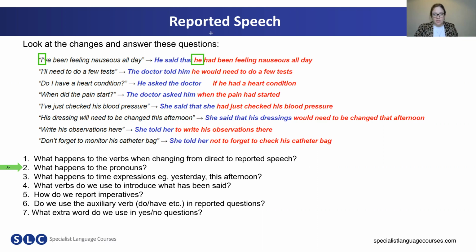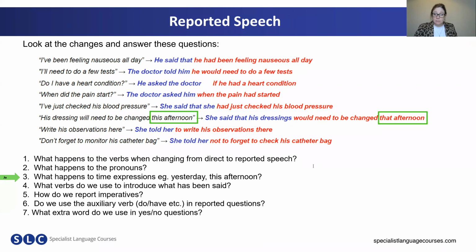And then we've got this next question here. What happens to the time expressions, for example, yesterday, this afternoon? Again, they change, like we're on the outside looking in from afar. So this afternoon, for example, here, changes to that afternoon.